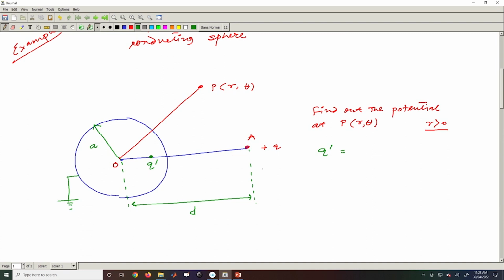Eventually I have two charges, plus q, and whatever contribution we have here as induced charge, I replace everything by this point charge q prime, which is located on the line joining the origin O and the point A, purely because of the symmetry of the system. Whatever potential I get due to this system is equivalent to the potential due to plus q together with q prime. So, q prime is my image charge.